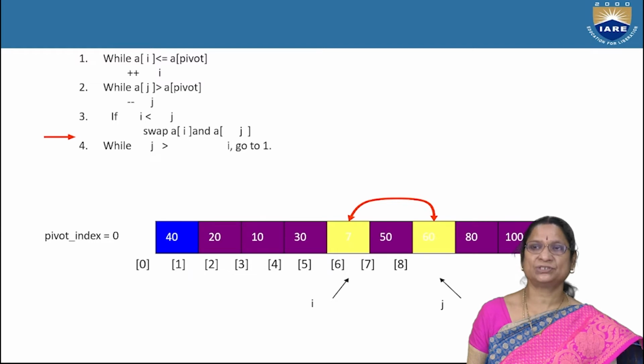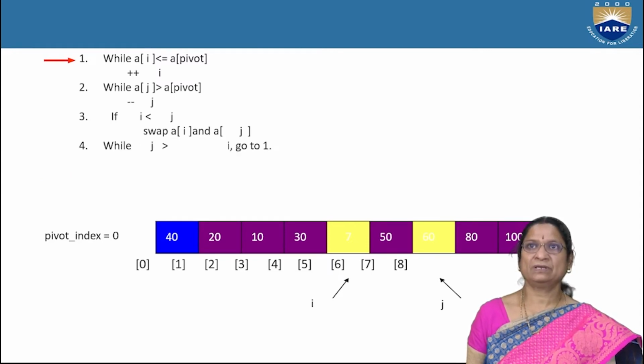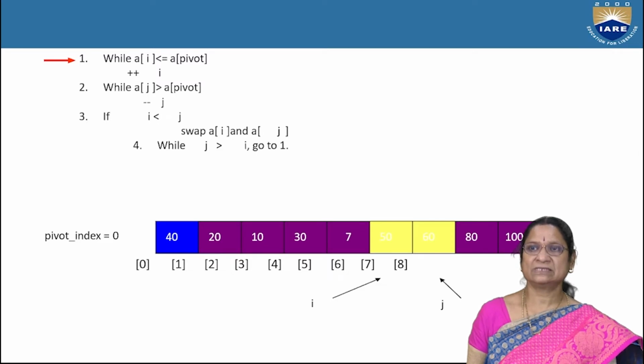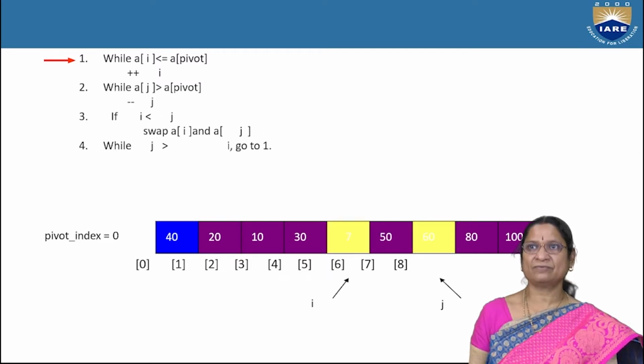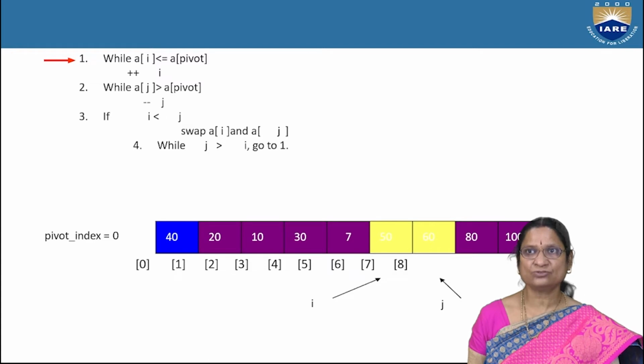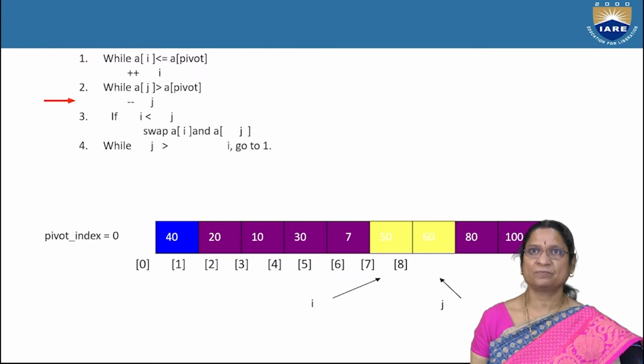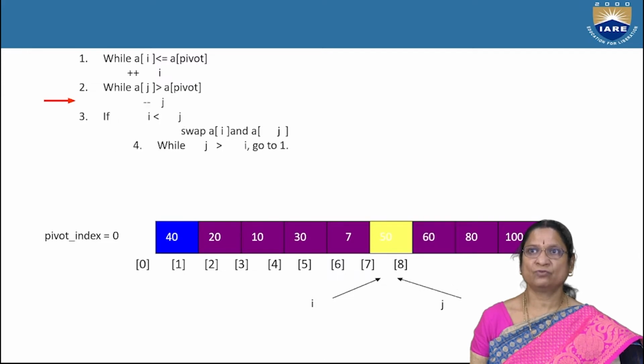When these two are interchanged, what happens? Swapping is carried out and we move on. Now I is considered at 6, where 50 is greater than the pivot, so it will stop here, and 60 is greater than 40.